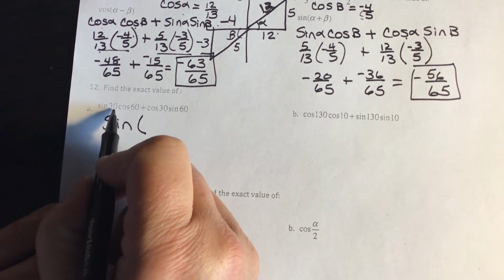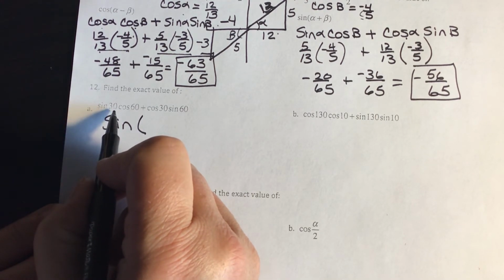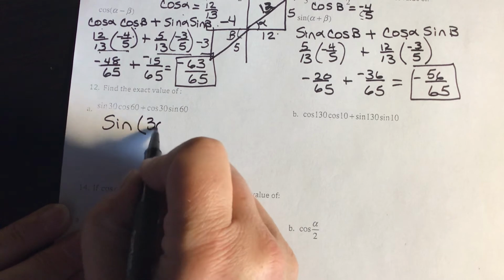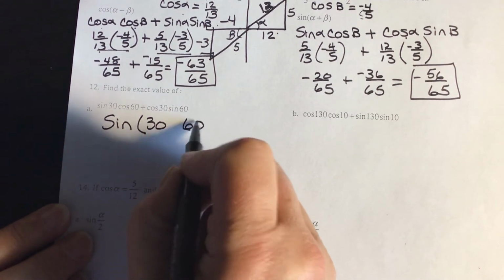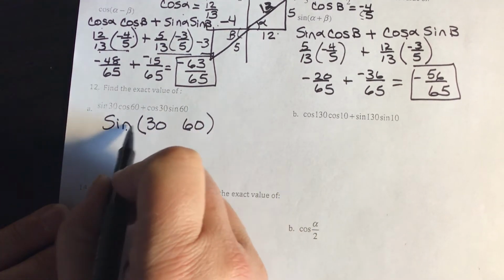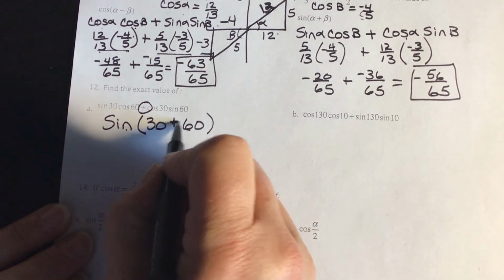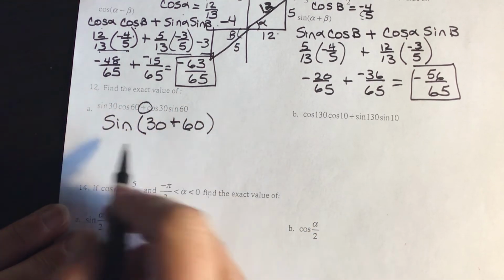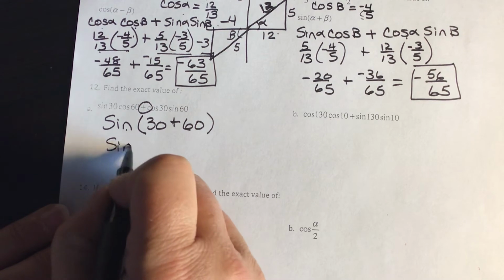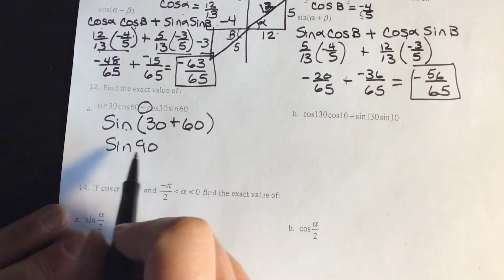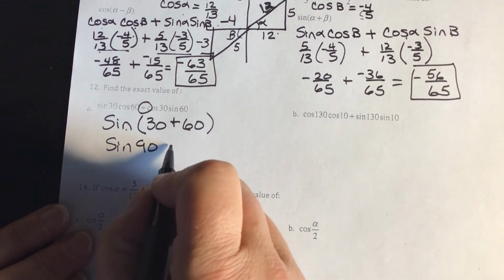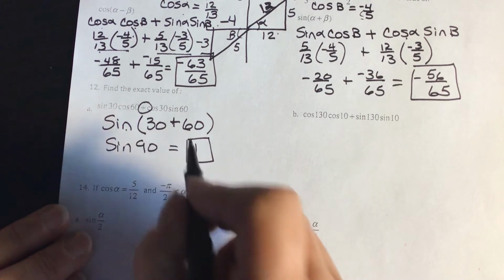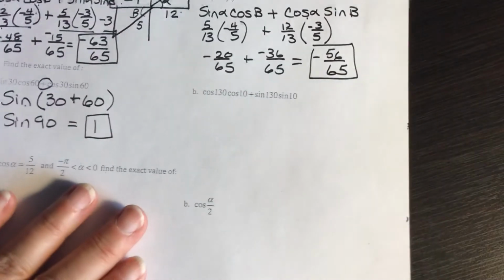My first value is 30. My second value is 60, and sine will keep the same sign, sine. So this is sine of 90, and to find the exact value, sine of 90 is 1.